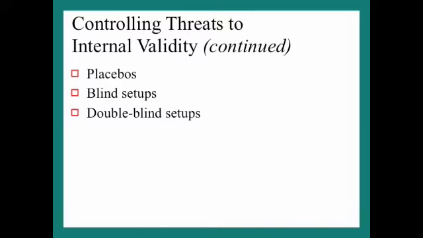And a double-blind setup is where both the participants and the experimenters don't know which treatment everybody's getting. So the experimenter, the researcher, and the participants don't know which treatment they are receiving, if it's real or not.